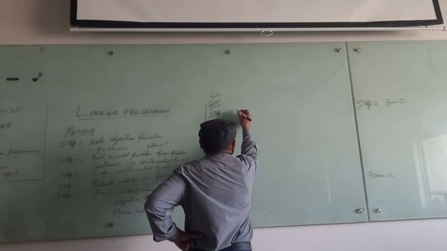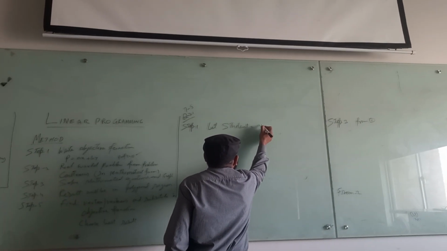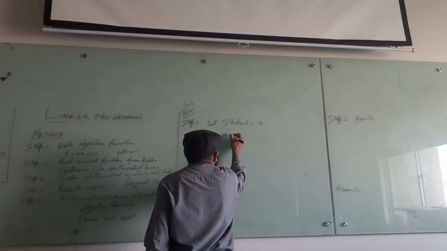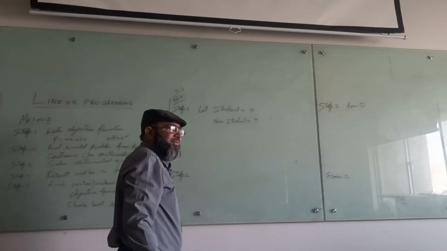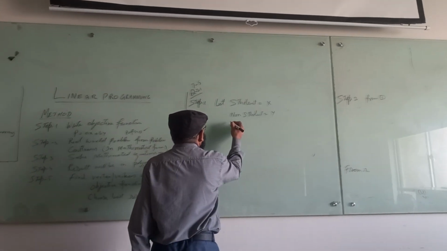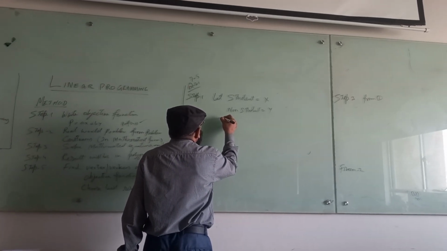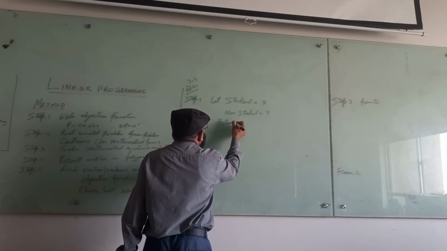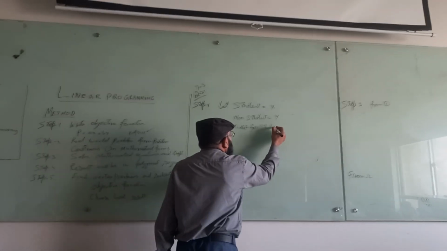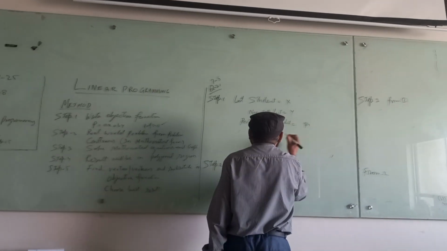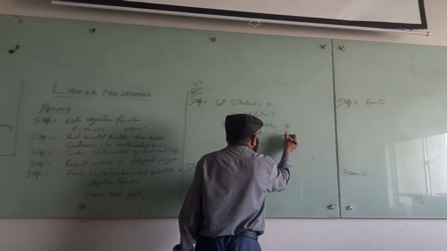Step 1. Let student is equal to x and non-student equal to y. And the objective function: profit for student is equal to $4 and profit for non-student is equal to $8.